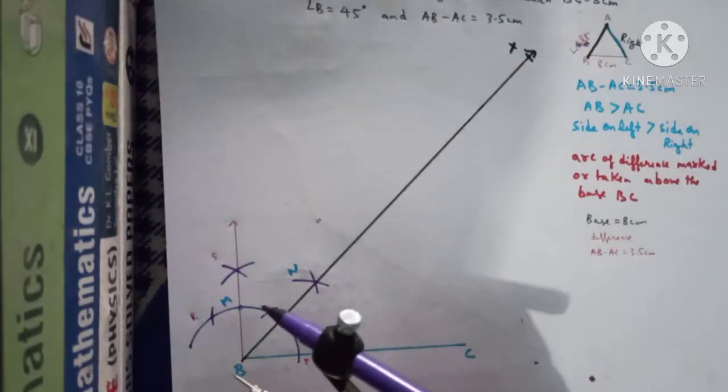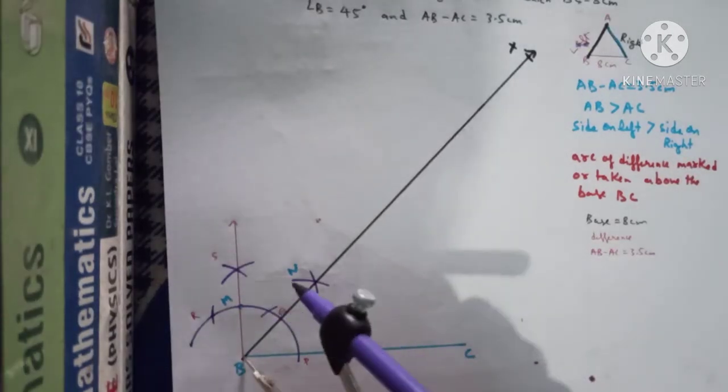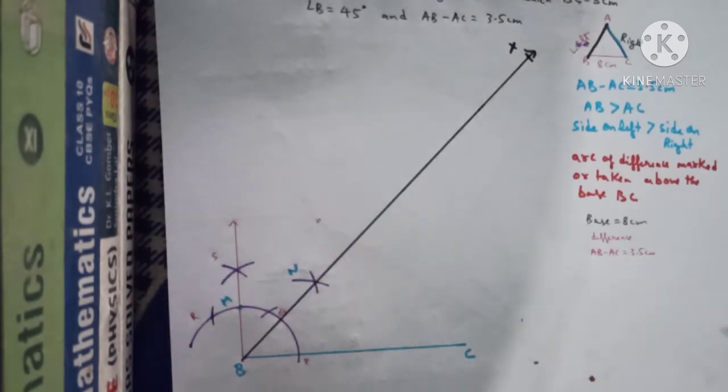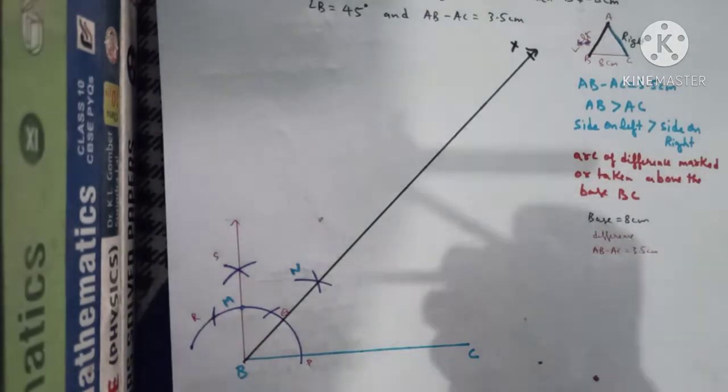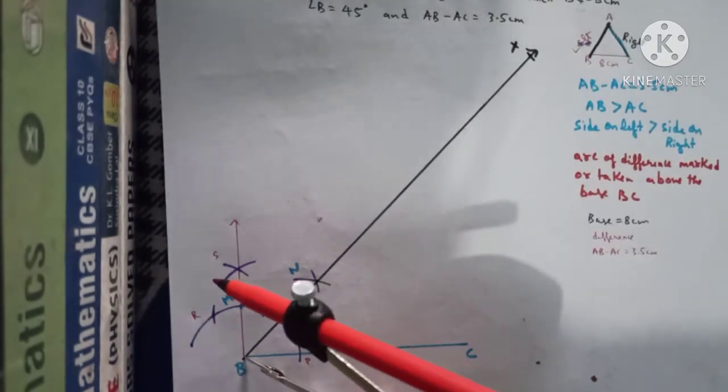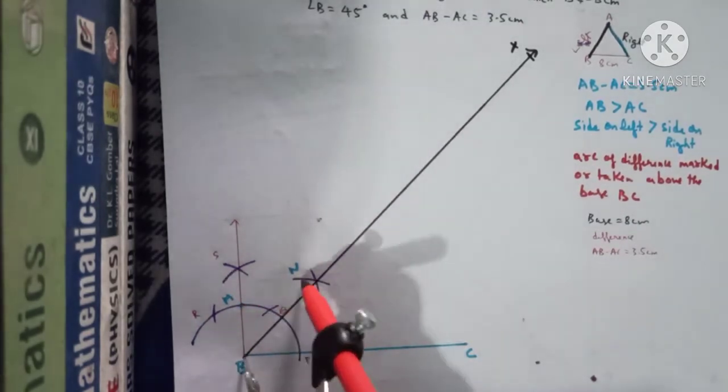So with center B, I've taken another color sketch so that you don't get confused.